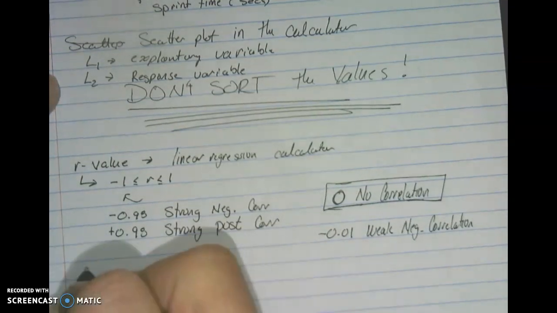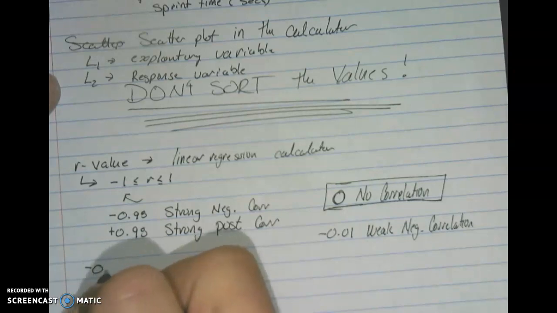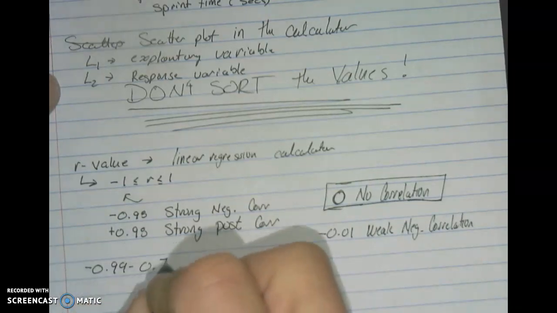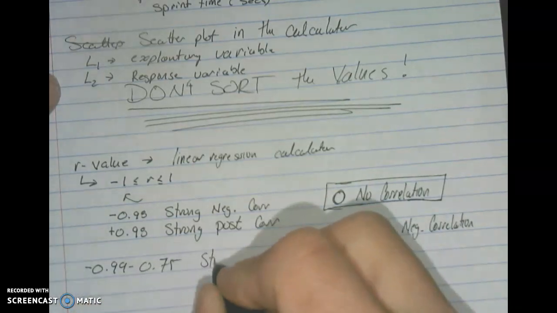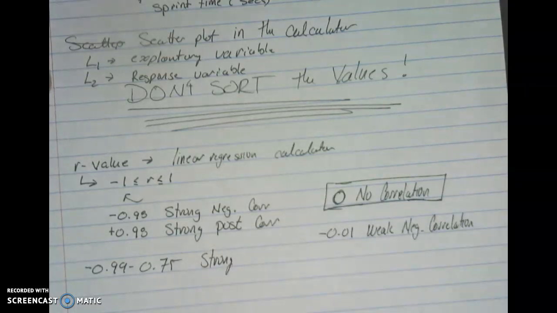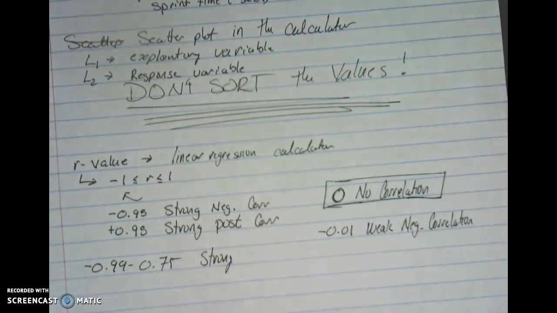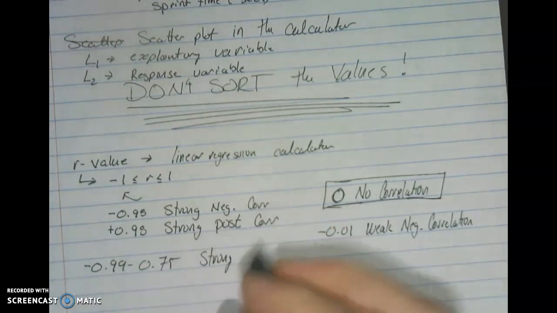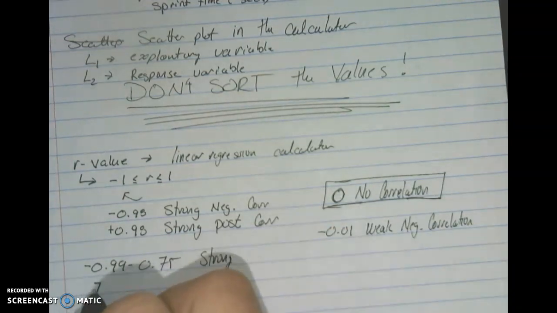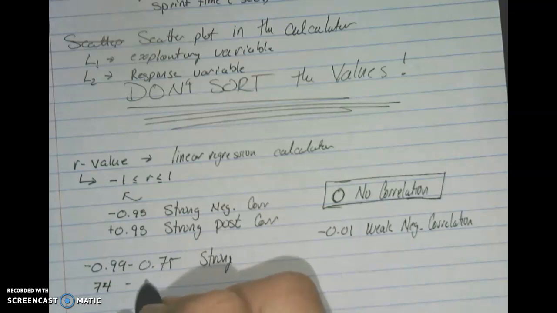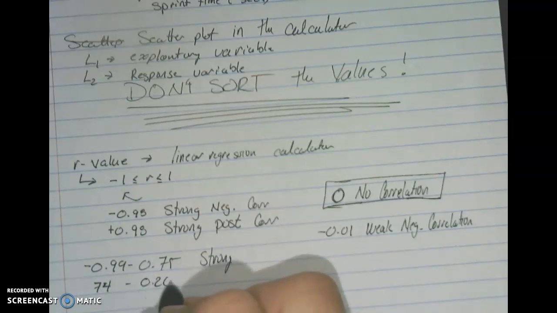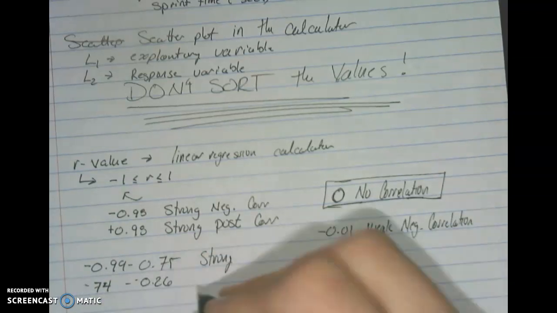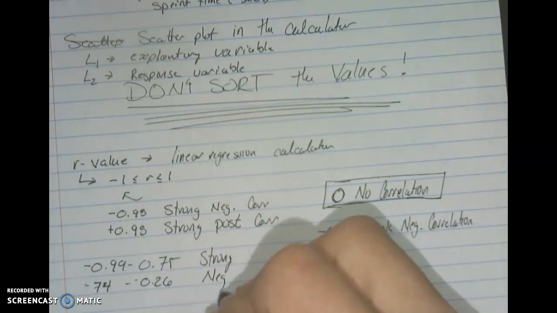Okay, so how about we do this? From -0.99 to -0.75, let's just say that's strong, just to make it easier for you guys on your homework. And if it's between -0.74 and -0.26, those are all still negative, we're just going to say that's a negative correlation.